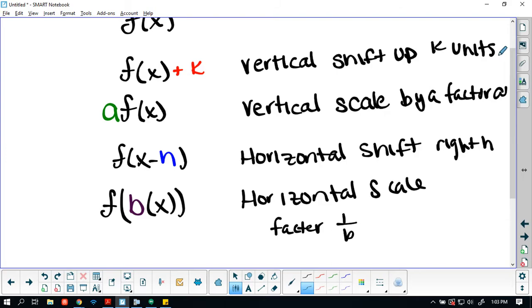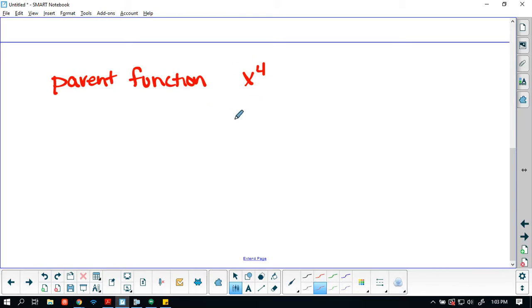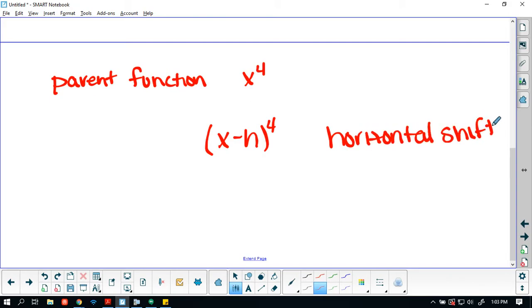All right, so looking at this, a parent function for a quartic would be x to the 4th. So if I were to manipulate x to the 4th, let's say I do x minus h to the 4th. This would be my horizontal. So this might be x plus 3, x minus 2, but this would be a horizontal shift. Okay, if I did 3x to the fourth, this is vertical.